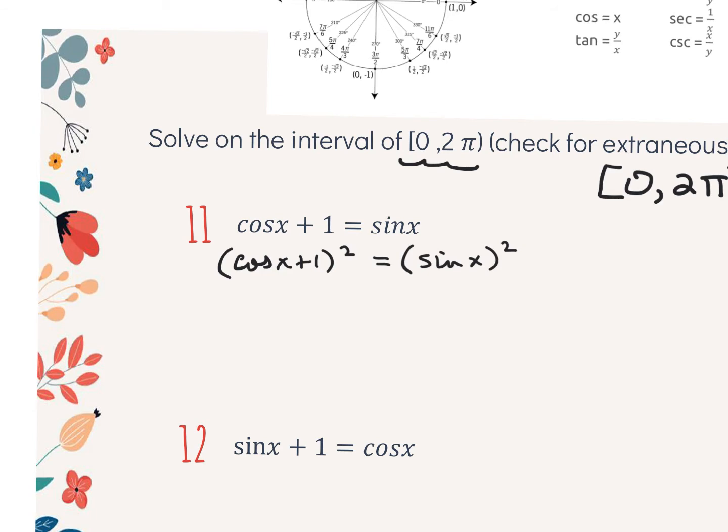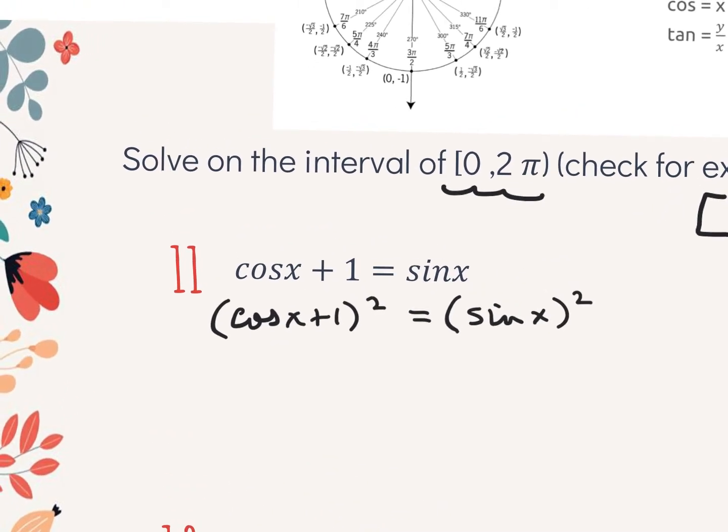I'll show you what he's talking about. All right, the key thing to remember here is when you square a binomial, really what you're doing is you're taking cosine x plus 1, writing it 2 times, and foiling it. Don't just think you can square cosine and square 1, you miss out on the middle term. So I'm going to do FOIL here.